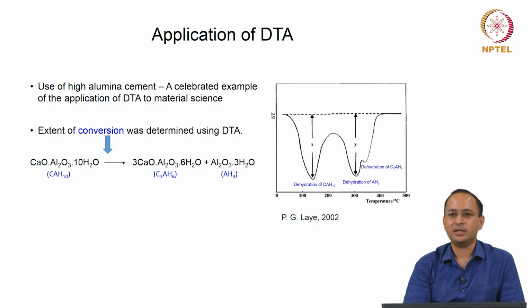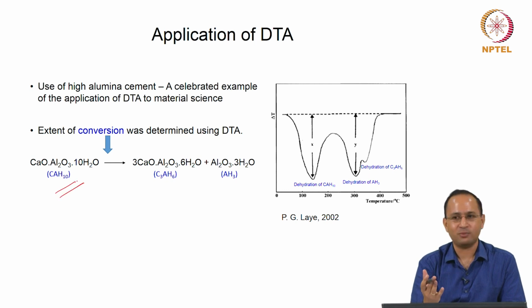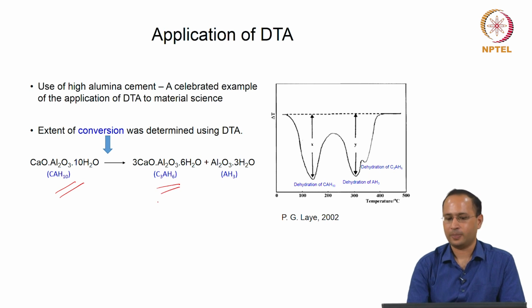The problem actually arose because of the conversion. Add water to your calcium aluminate cement, you form calcium aluminate hydrate CaH10, and it gets converted to C3AS6 and AS3. So this conversion leads to loss of strength.